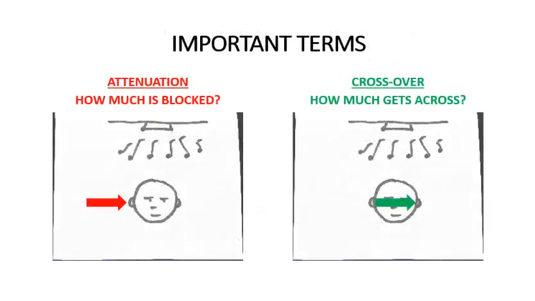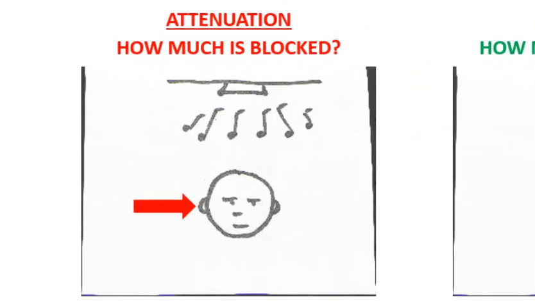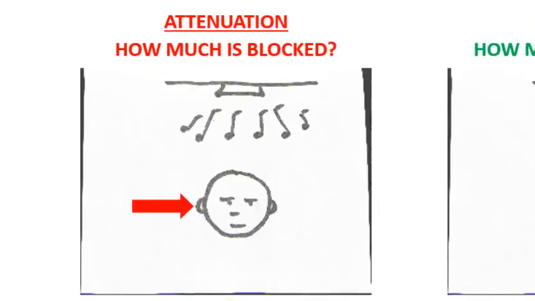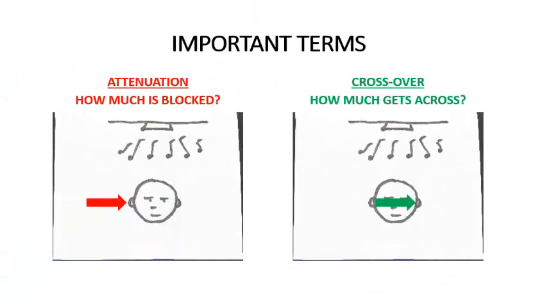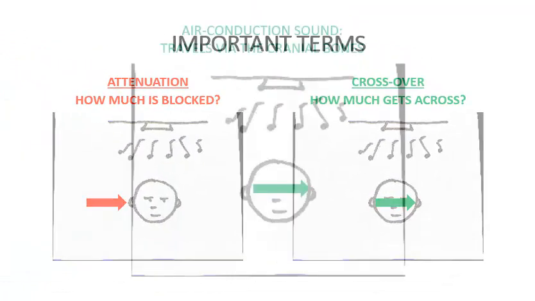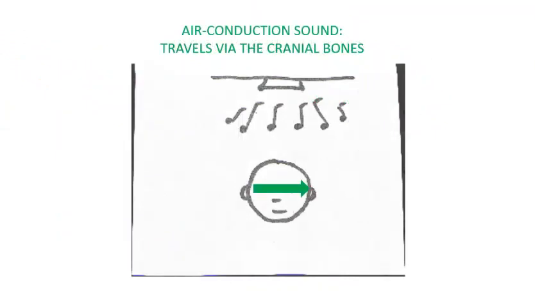When we deliver a sound signal to a specific ear, attenuation refers to the amount of sound that will remain with that ear. Crossover refers to the amount of sound that might leave the intended ear and cross to the other side. We intuitively understand why bone conduction sound won't remain on one side when we deliver signals with a bone conductor.